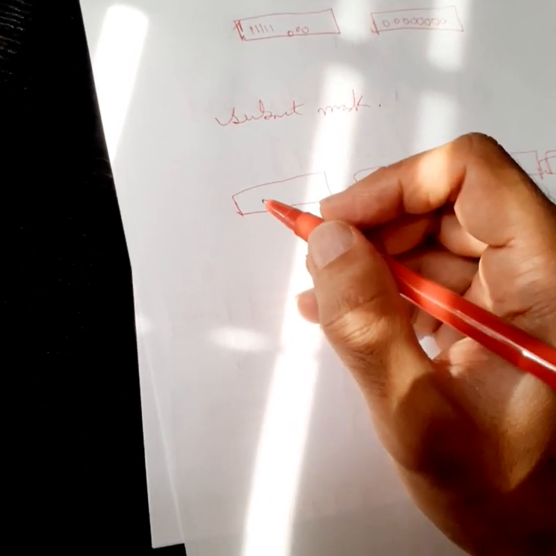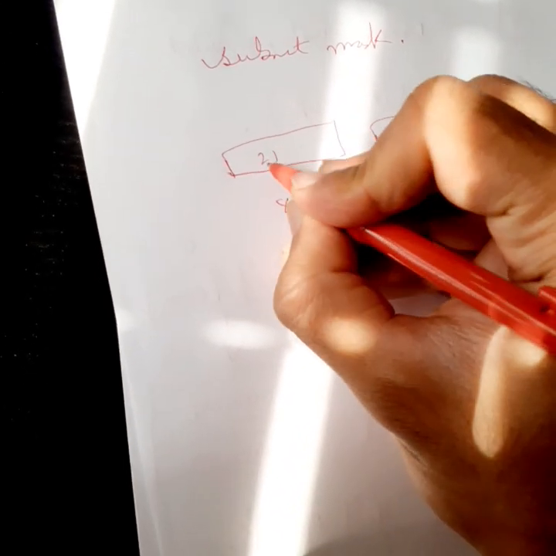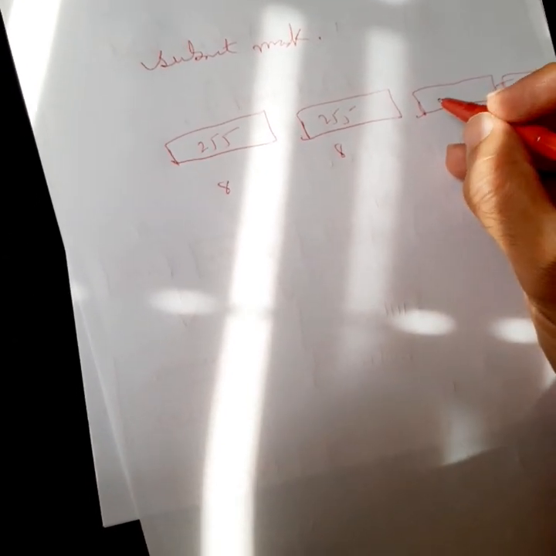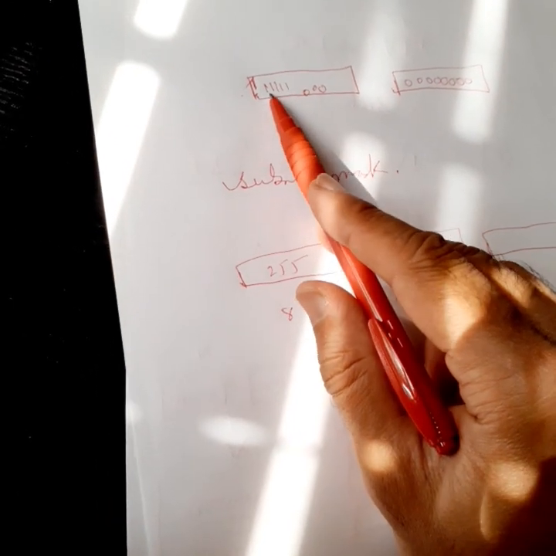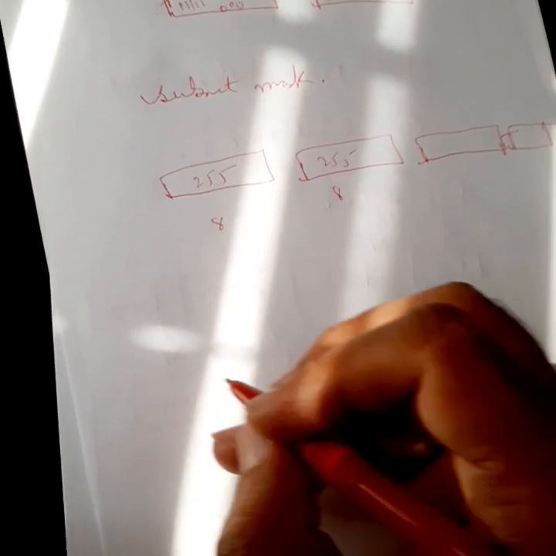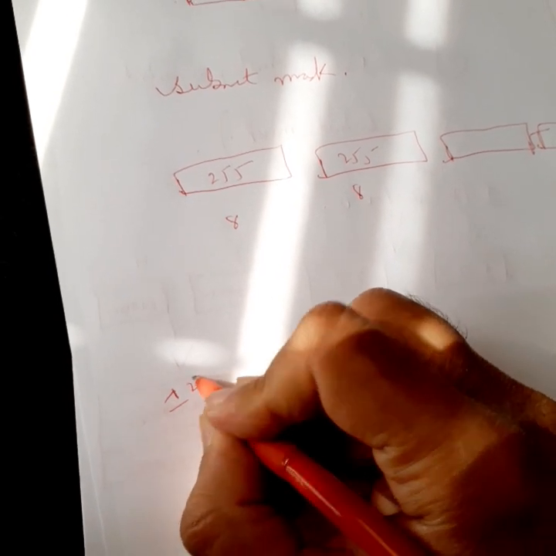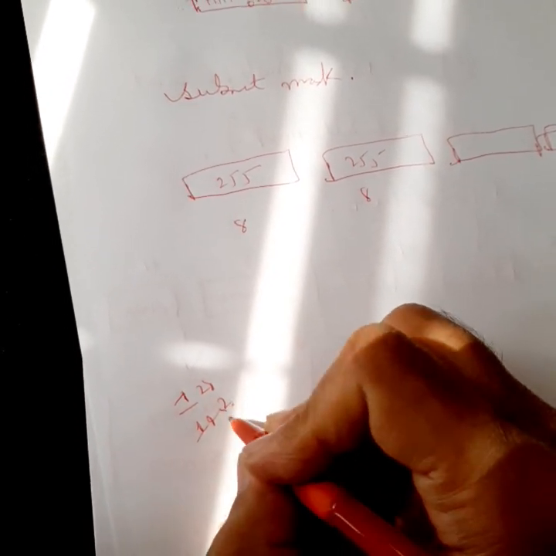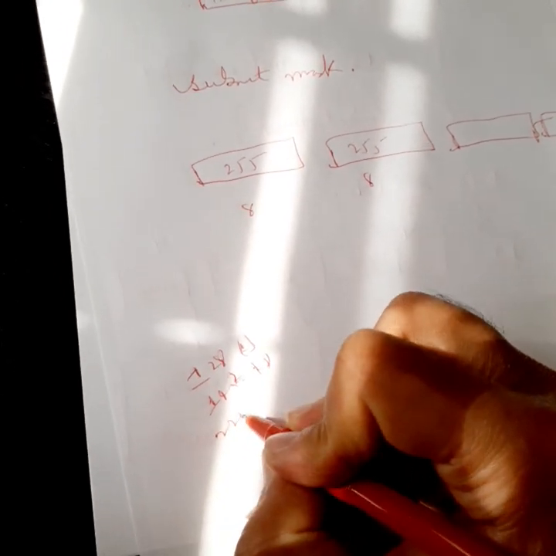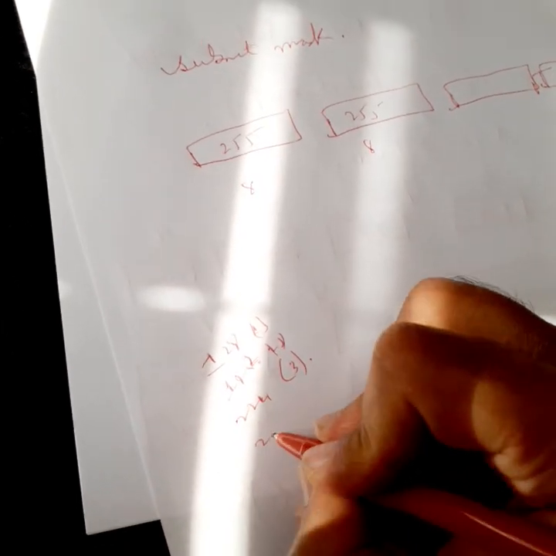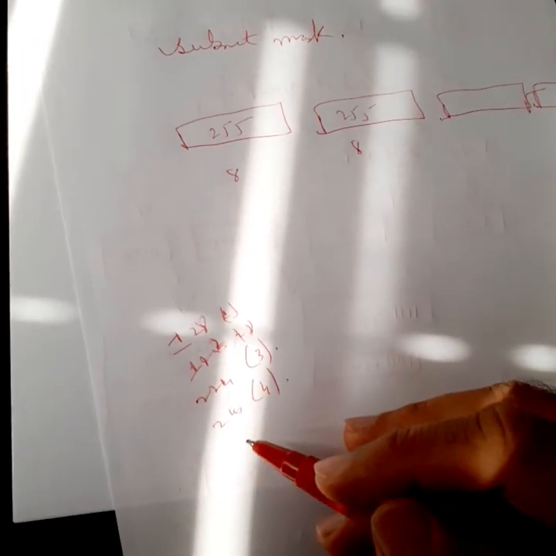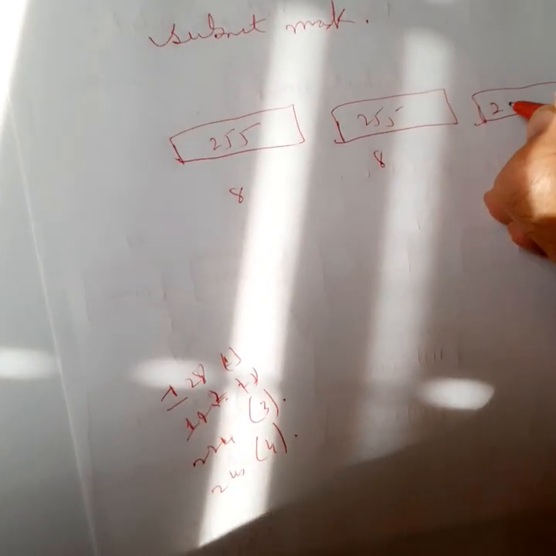In our first octet, we have 8 bits, which is going to be 255. Second octet, we have 8 bits. Now here, as you remember, we have 5 ones. So the fifth value is going to be what? I'm going to go through the table of the values: 128, 192, 224, 240, and value number 5 is going to be 248.